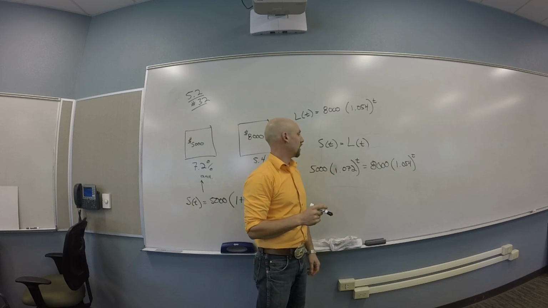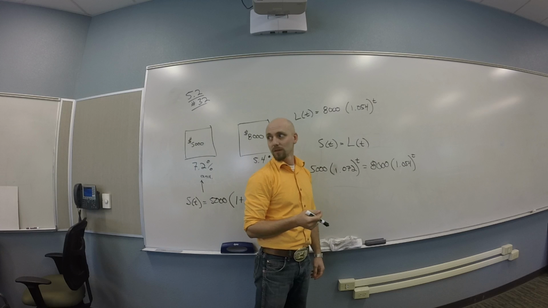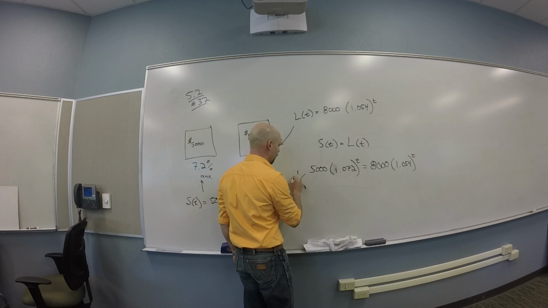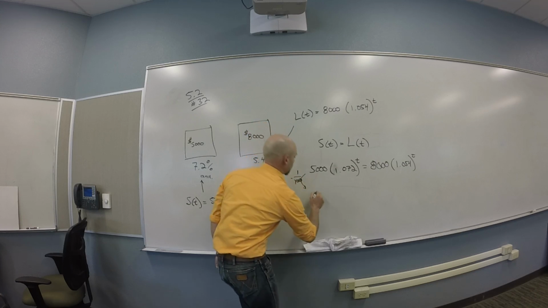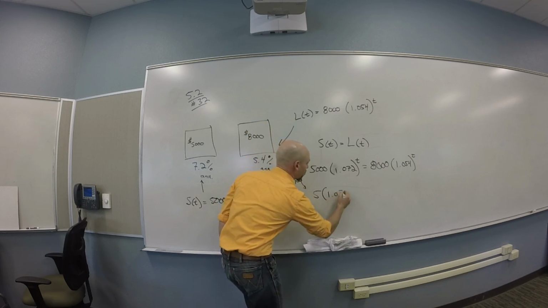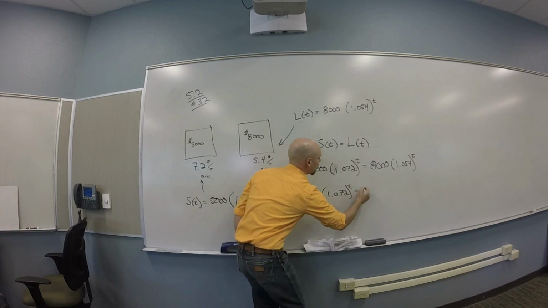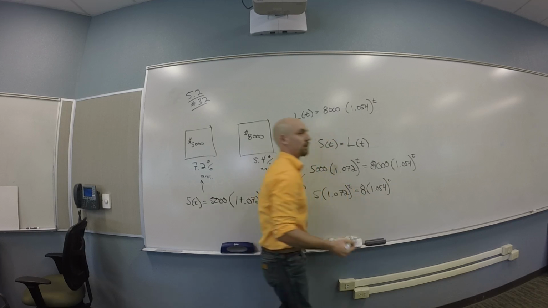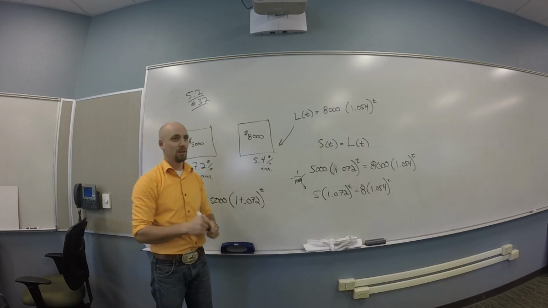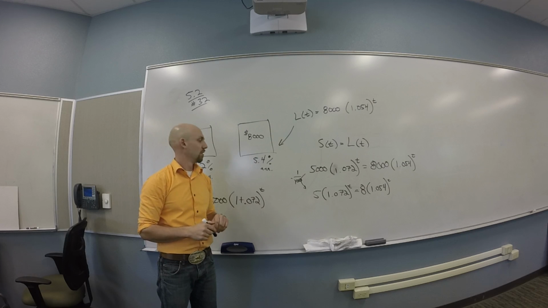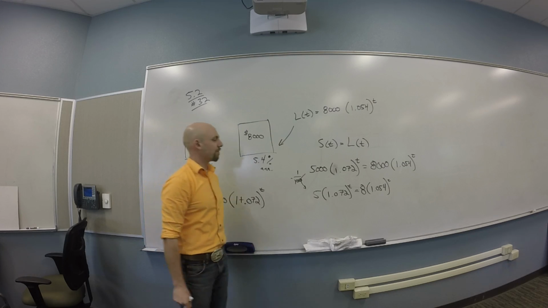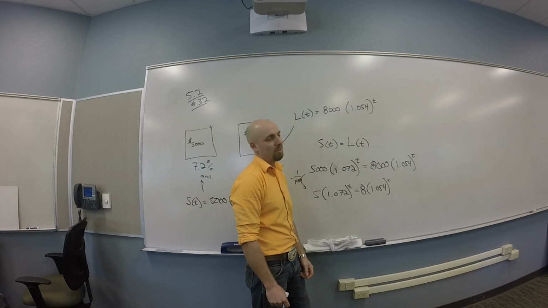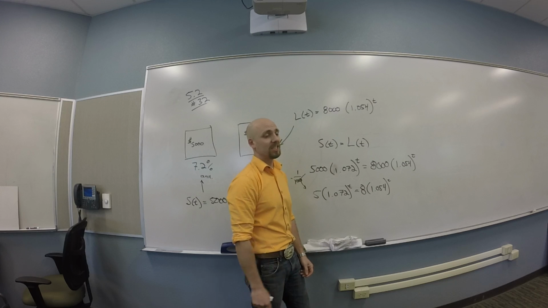So knock the zeros off first. First things first, slash some zeros. Multiply by 1 over 1,000. So you get 5 times 1.072 to the t is 8 times 1.054 to the t. Then what? You could divide one of these things to the other side, or just log both sides as they sit.